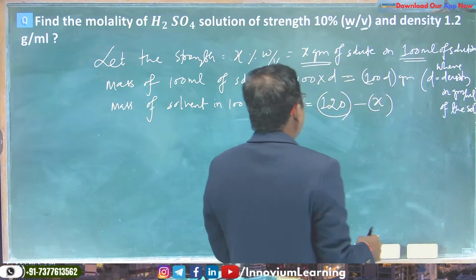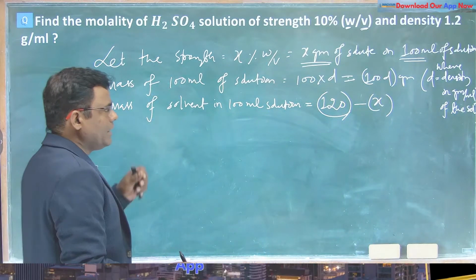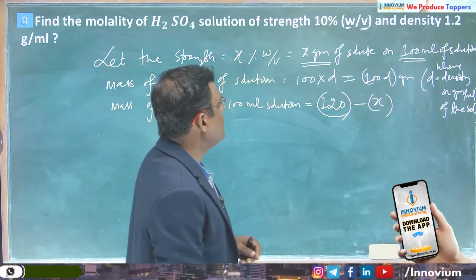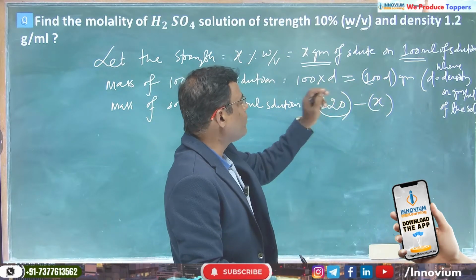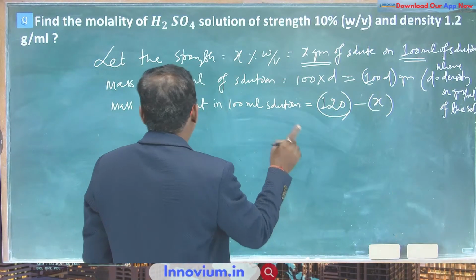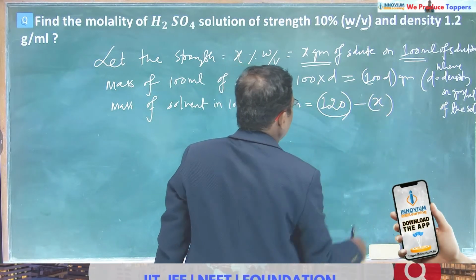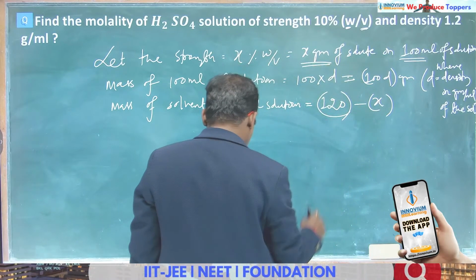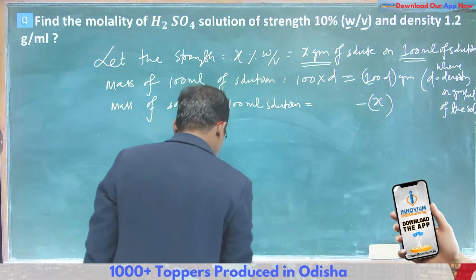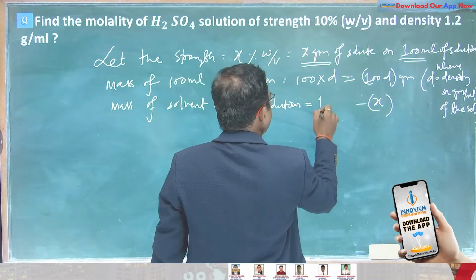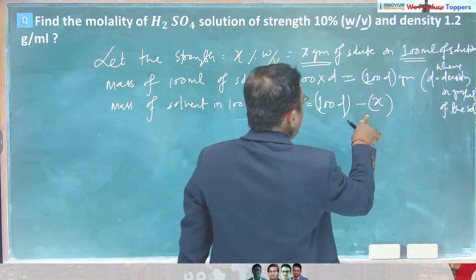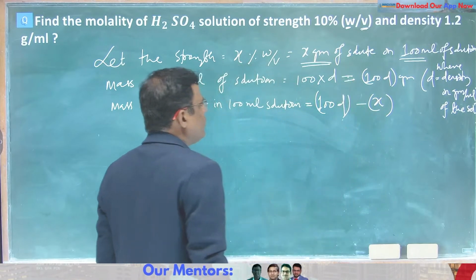If the density of the solution is d gram per ml and the volume of solution is 100, then what is the mass of solution? Mass of solution is volume multiplied with density, that is 100d. So 100d is the mass of solution, out of which we subtract the mass of solute, that is x gram.